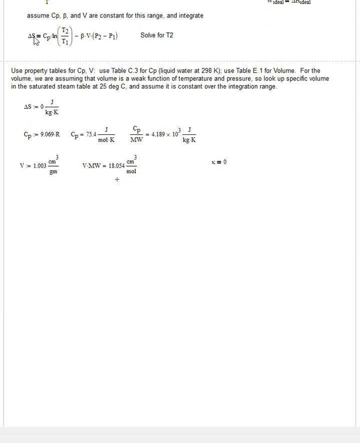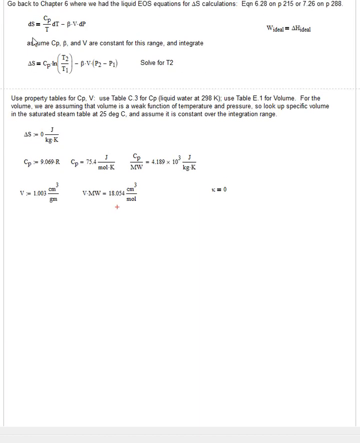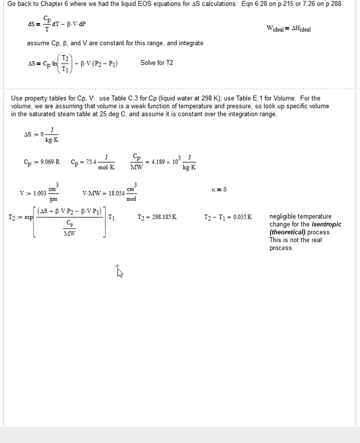We take this equation, we integrate the fundamental property relation using those assumptions, we set delta S equal to 0, we solve for T2, and this is what we get. Solving for T2, we get a temperature of 298.185 Kelvin. As you can see, that's barely an increase above our T1, which was 298.15. So we've got a temperature increase of 0.035 Kelvin.